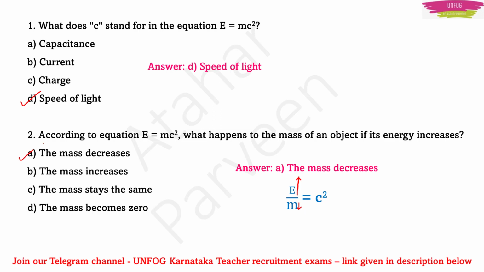You don't even need to see the other options. In some questions, you don't need to see options because those options will confuse you. When you know the concept clearly, just go for the correct answer. So here, when energy increases, obviously the mass of the object will decrease, because our aim is to maintain the value of E by m as c square.